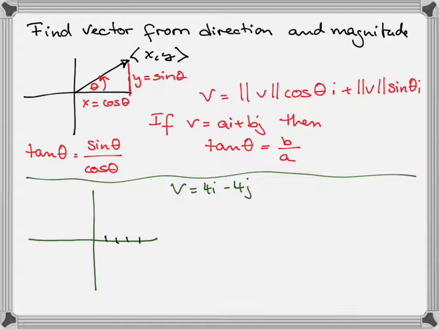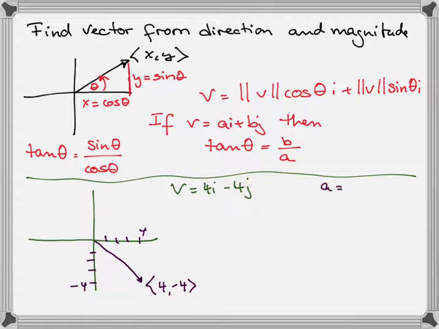1, 2, 3, 4, 1, 2, 3, negative 4, then that just means when we draw a vector from 0, 0, we go to 4, negative 4. Here you go. So our component form is 4, negative 4, which is really our a and our b.